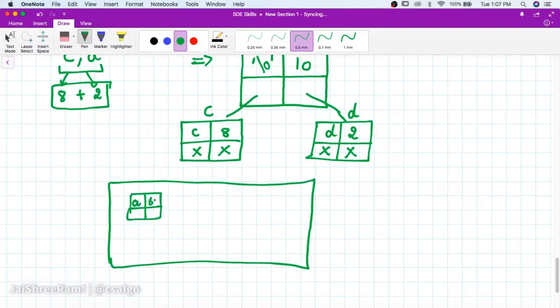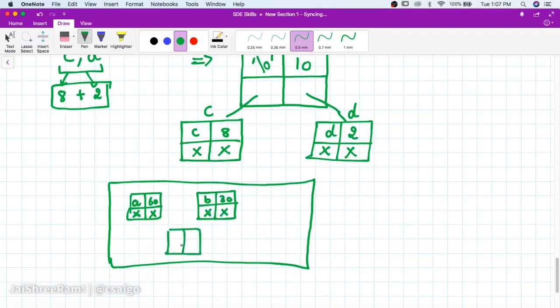One will be A with cost 60, left null, right null, and then a node B with cost 30, its left null, its right null, and now we have a third new node.